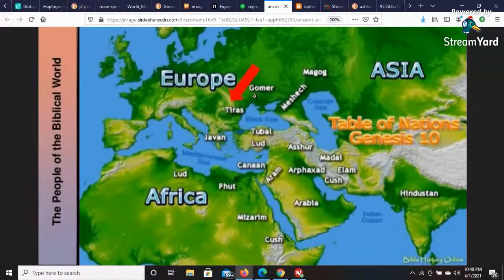So of course, anybody that mixes in with the Ashkenazis is going to have Neanderthal DNA, and anybody in Asia is going to have Neanderthal DNA, because all of Asia is brothers to Tiraz and Javan, which are the Neanderthals. So it makes a lot of sense.